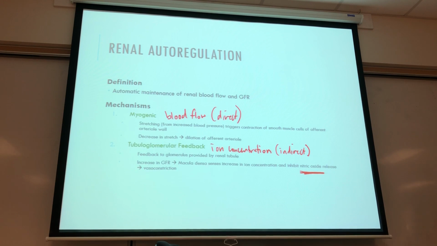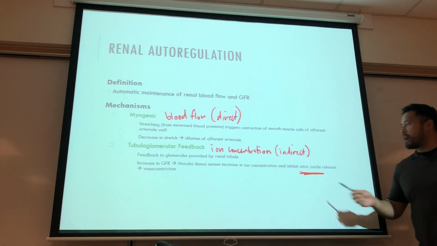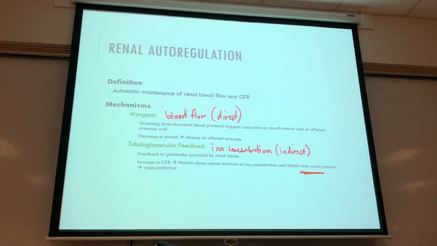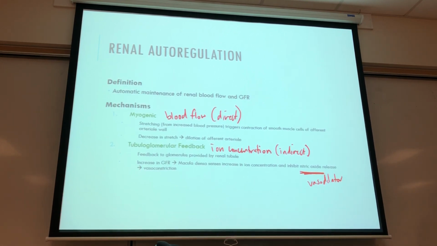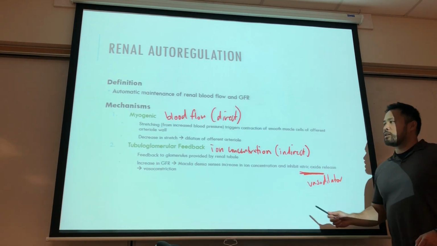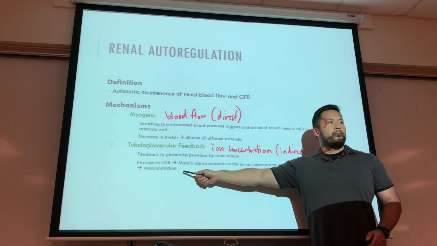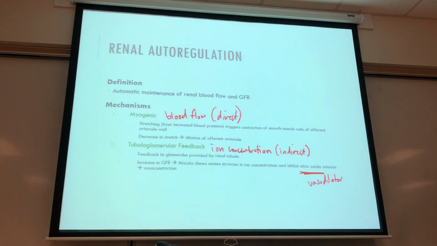So if I inhibit the amount of nitric oxide, which is a potent vasodilator, if I inhibit the vasodilator, that's going to cause vasoconstriction. Again, all related to the ion concentration. And the mechanism is fairly complex, so I don't want to get into too much detail about it. But all it's really saying is that if the ion concentration's off, we need to adjust via nitric oxide.